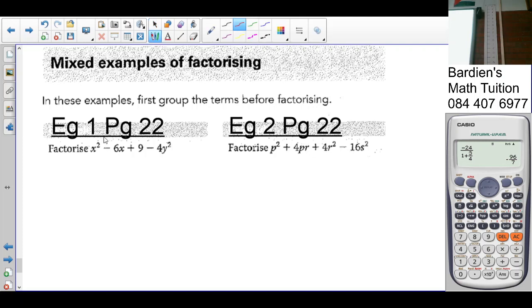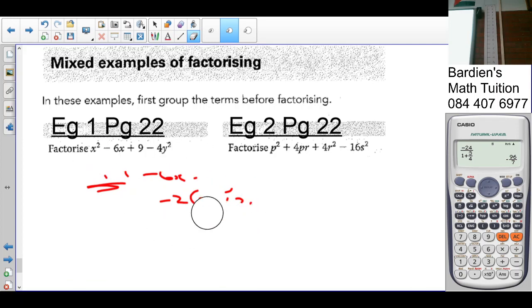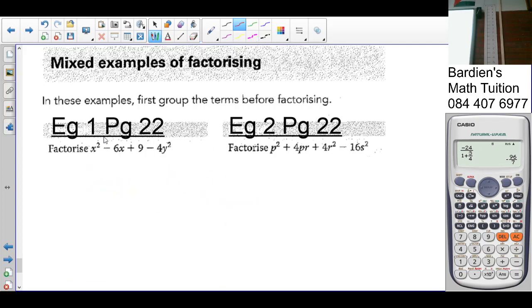Then what? Then negative 2 is a common factor. But nothing there. We just did x squared 9.